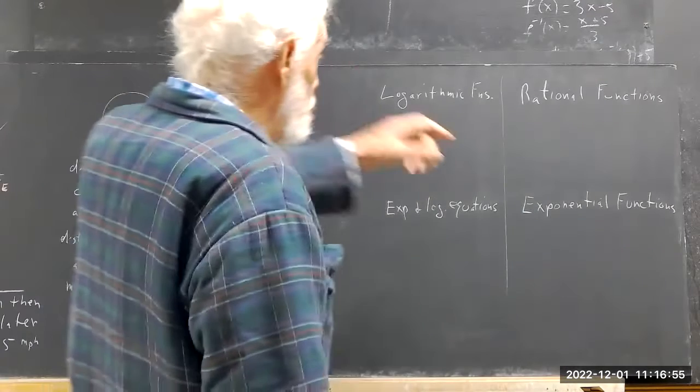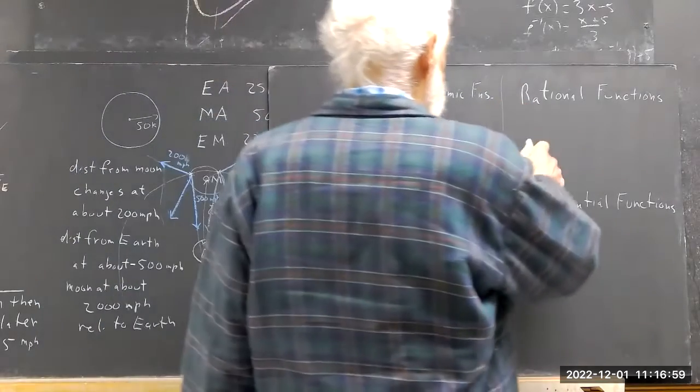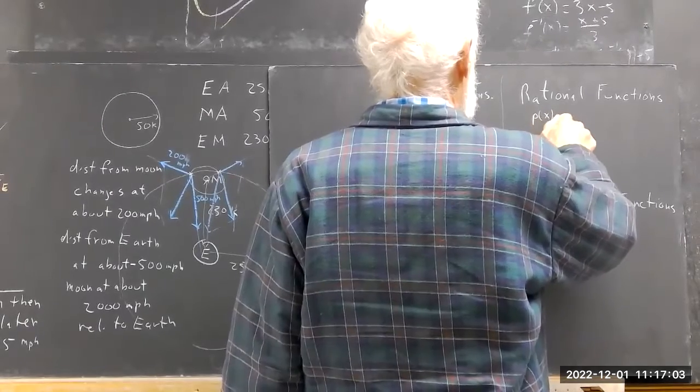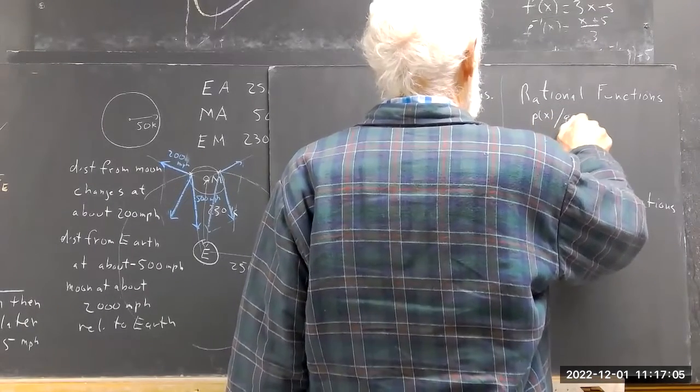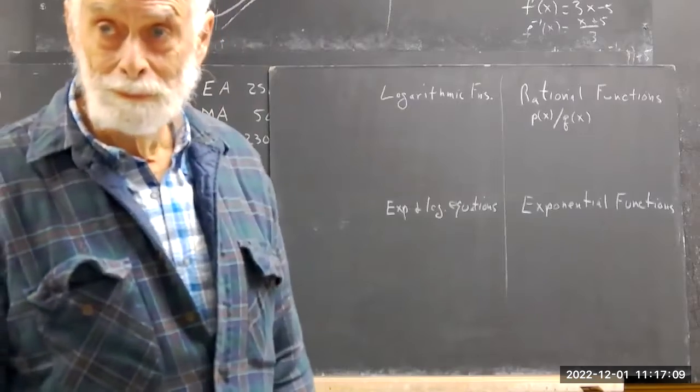Okay, first of all, rational functions. It's p of x over q of x.